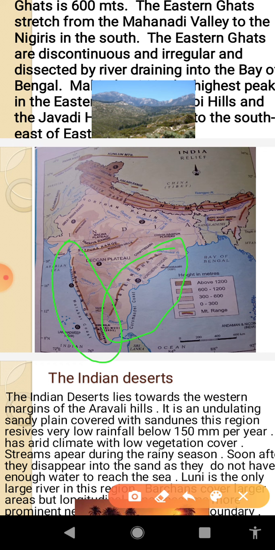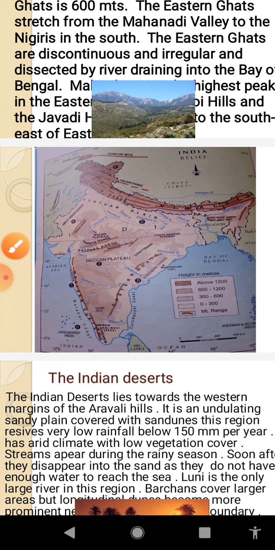With regard to the Western Ghats, the height progressively increases from north to south. The highest peak in the Western Ghat is Anaimudi, with a height of about 2695 meters above the mean sea level.